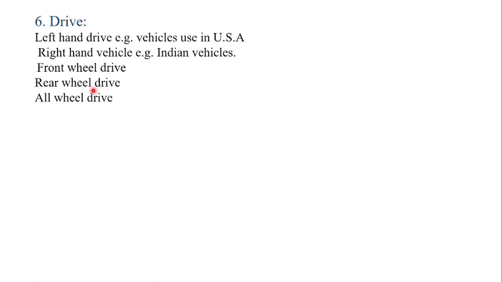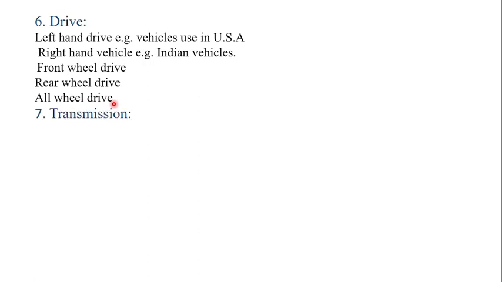Generally in India rear wheel drive is preferred for all vehicles, and all wheel drives are required where we need mountain drive or adventurous mountain journeys. Examples are the Thar, Mahindra and Toyota Fortuner, the heavy vehicles which require four wheel drive.